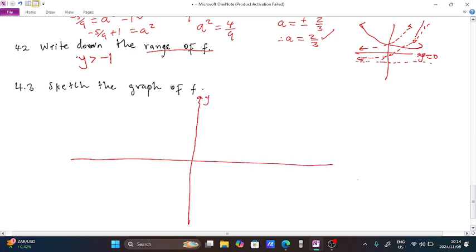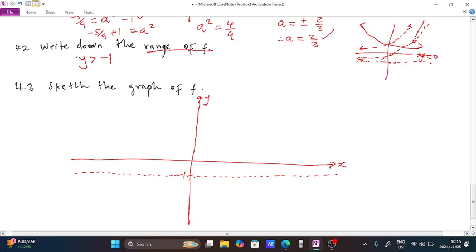This is the y, this is the x. Now we can start with the asymptote. If here is my -1, we're going to have our asymptote like this. That will be our asymptote in that case.